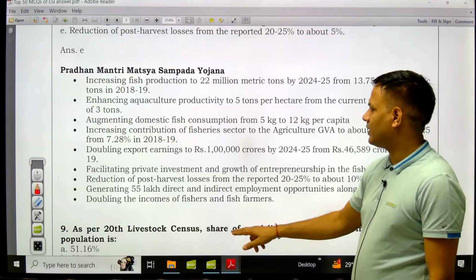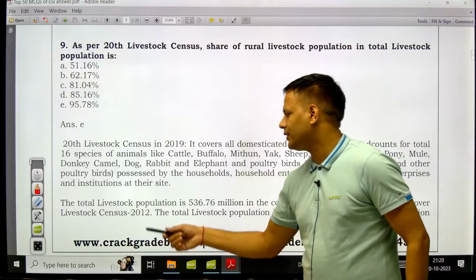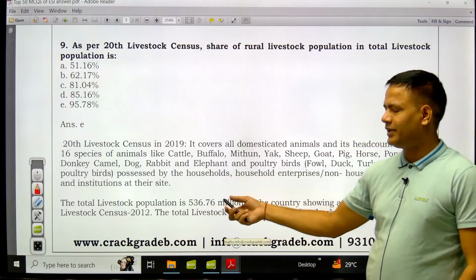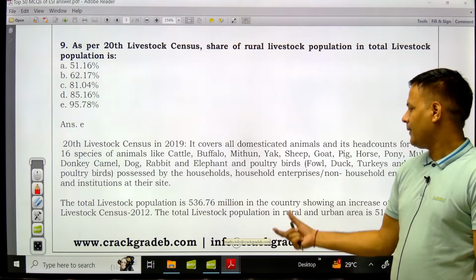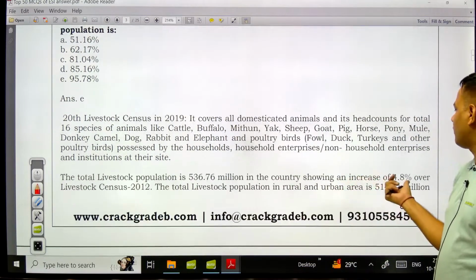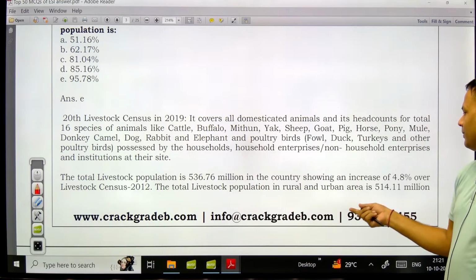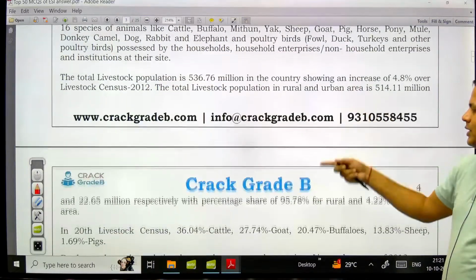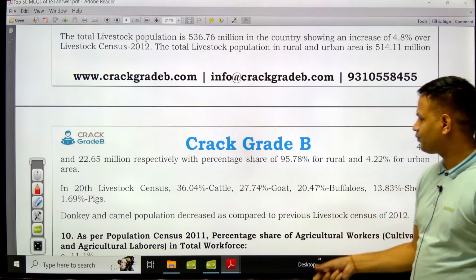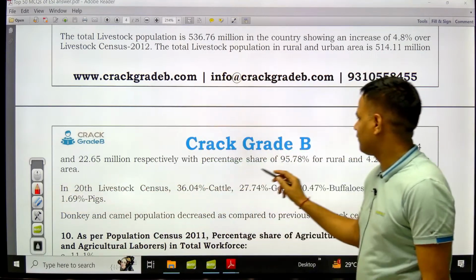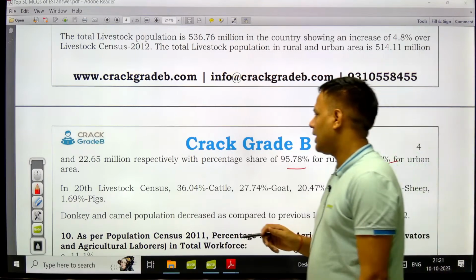So let's see the answer. So this is E, 95.78%. Total livestock population can also be asked. It is 536.76 million in the country, showing an increase of 4.8% over the last census. Total livestock population in the rural and urban area, with a share of 95.78% for rural area and 4.22% for the urban area.